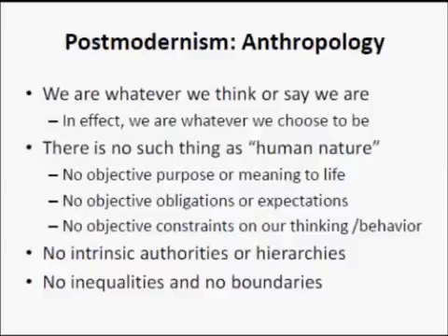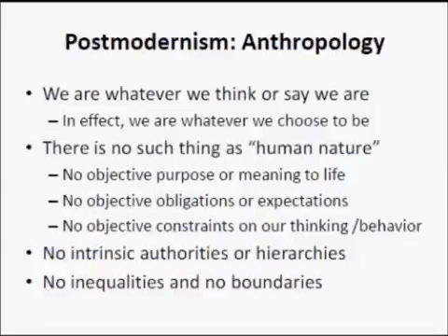Other things follow from this view of humanity. There are no intrinsic authorities or hierarchies among human beings, because that again would imply that there's something objective and external to us, some objective external standard or constraint that tells us that human society ought to be structured and ordered in a certain way. And there are no genuine inequalities between human beings, and there are no fixed boundaries, for the very same reason, because who would define those boundaries?